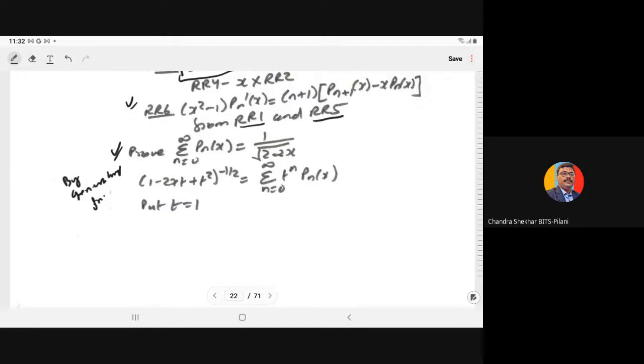When we put t equal to 1, from here we get (1 − 2x + 1), so (2 − 2x) to the power minus half, and on this side we have the summation of Pn(x). So you will get the same thing. Clear?